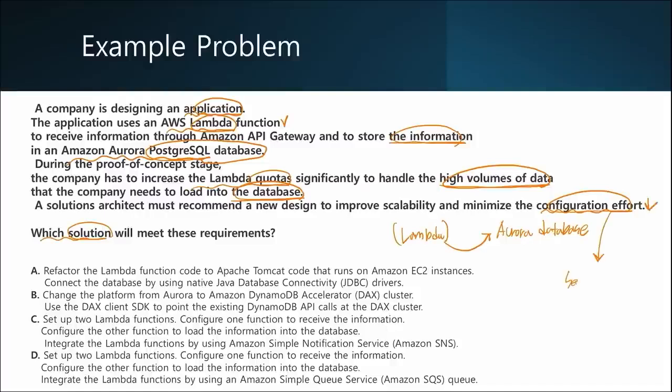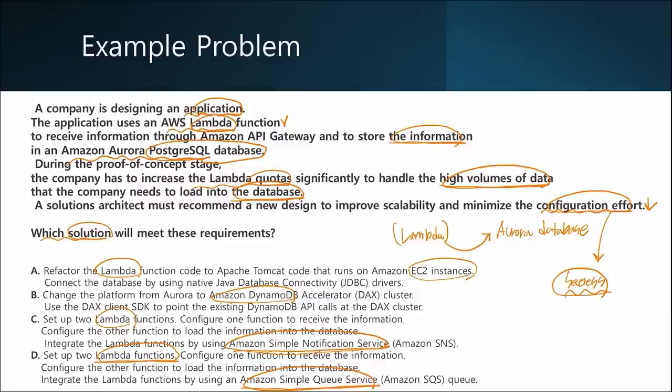Then, it should be done as serverless as possible. Let's check the services in the options below. There is Lambda and EC2 instance in option A and DynamoDB in option B. Then in C, there is Lambda and Amazon Simple Notification Service. And in D, there is Lambda and Amazon Simple Queue Service.